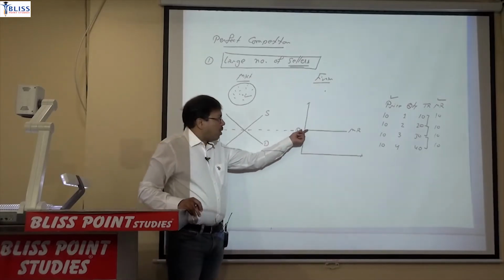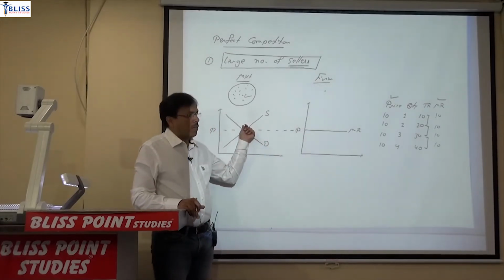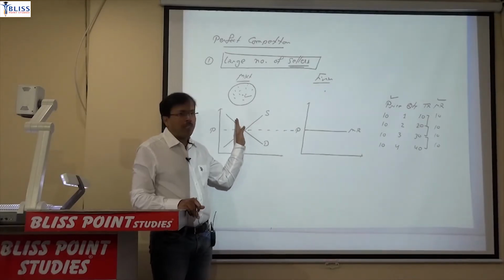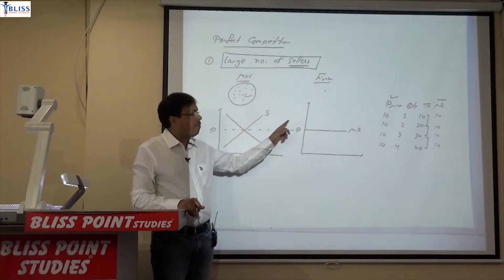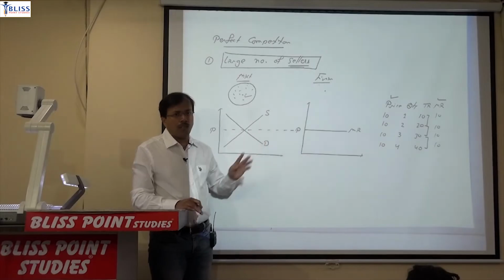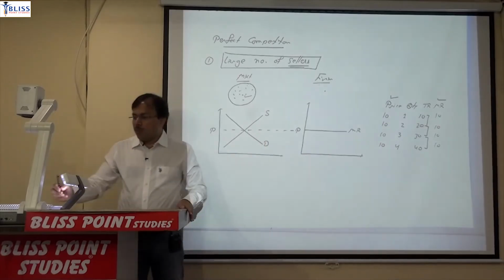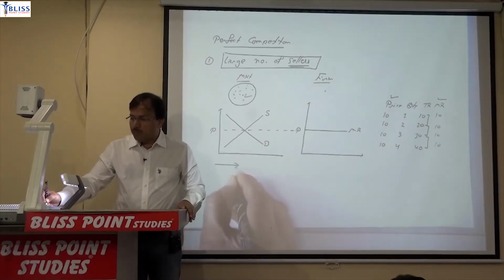ये प्राइस तभी चेंज होगा जब मार्केट का कोई कंडीशन बदल जाए, मतलब इधर डिमांड का या सप्लाई का शिफ्ट हो जाए तो ये प्राइस चेंज हो सकता है, बट फर्म कैन नॉट चेंज इट. इंपॉर्टेंट पॉइंट्स आप डिक्टेशन लिखते जाएगा.